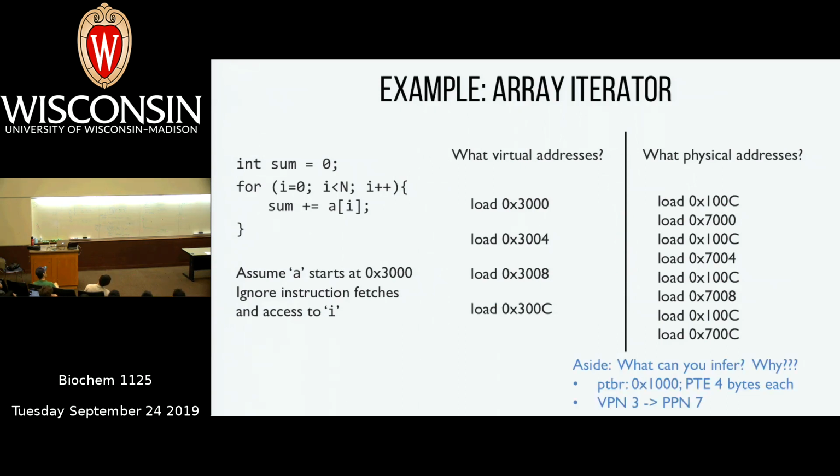Okay, I'll tell you what you can figure out, and you talk with your neighbor to see why we can infer from this trace that the page table base register must be, or probably is, at 1,000. The page table entries are each 4 bytes, and VPN 3 goes to PPN 7. So you should be able to infer that stuff, making reasonable assumptions. See if you can do it. Talk with your neighbor.